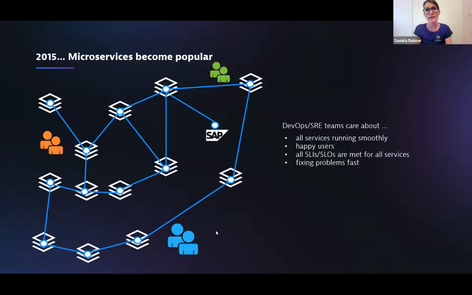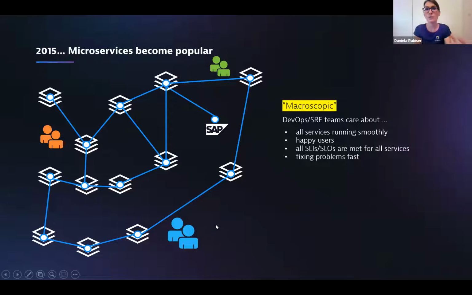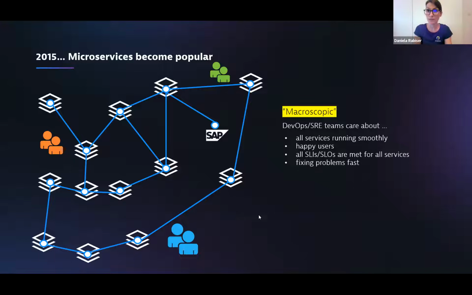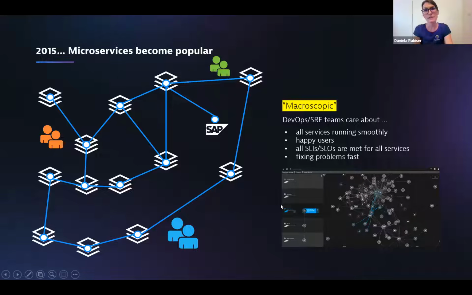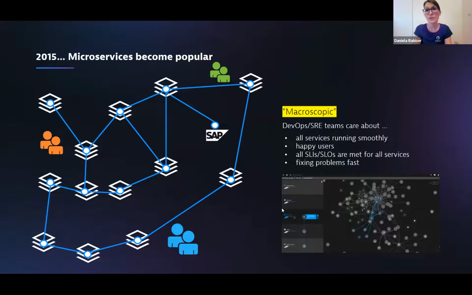So we can say that her viewpoint is a macroscopic viewpoint. And as we know, Dynatrace is perfect for DevOps and SRE team members. With Dynatrace, she is getting exactly this, a macroscopic holistic view and answers to problems.